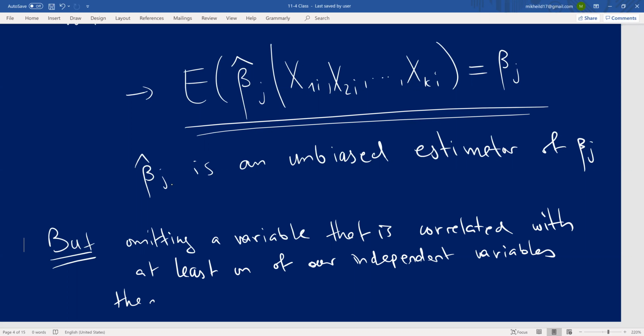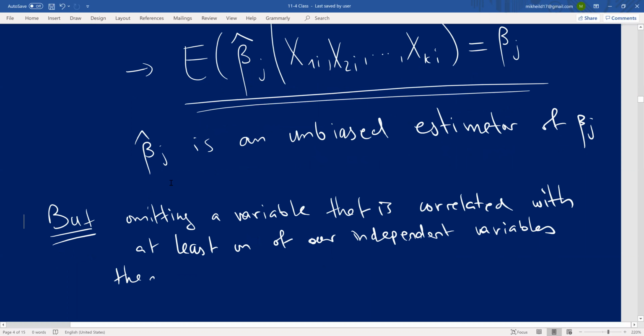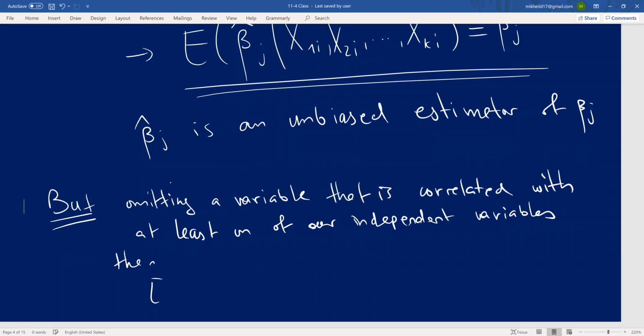Then what? Then the expectation of beta hat j won't be beta j. It will not be exactly beta j.